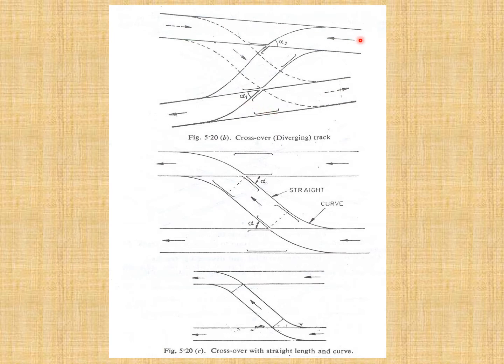Here two parallel tracks and you are having this arrangement, and in this one the two tracks are far apart, at quite a large distance, and we have connected these two tracks with this relatively longer track.